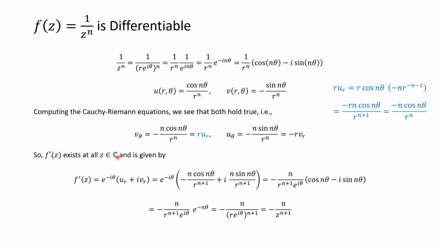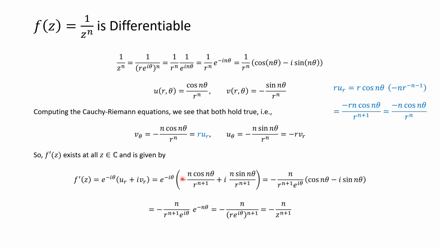So we're almost done. We need to plug into our formula for the derivative here, which we had from the previous slide. So use the partial of u with respect to r. You divide r into this, and you get this expression here. For the partial of v with respect to r, again, you have to divide the minus r into this, and you get this here. You factor out the n, and 1 over r to the n plus 1.